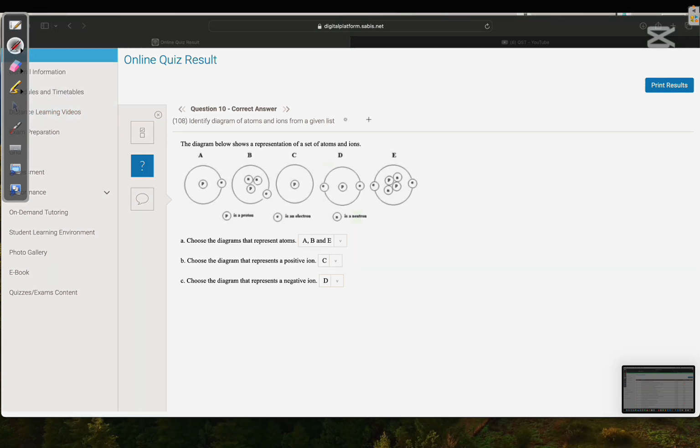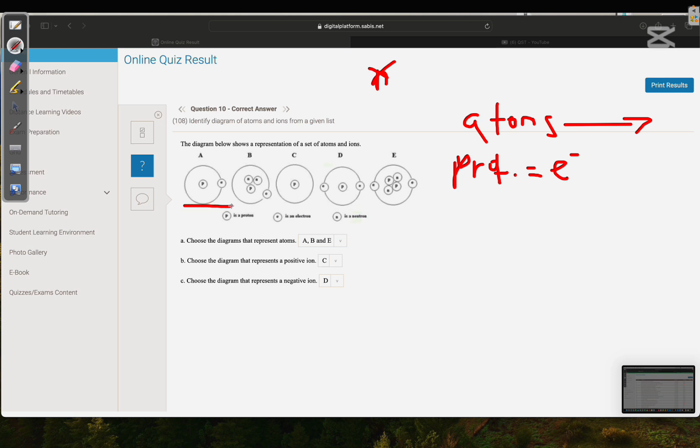Atoms are neutral, which means the number of protons is the same as the number of electrons. Protons and electrons are equal, which is why A, B and E are atoms. I hope it's clear to you guys that the amount of protons is equal to the amount of electrons.